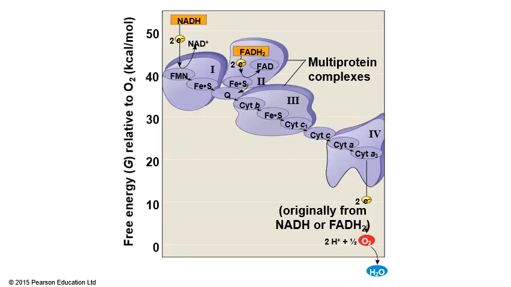The diagram explains the electron transport chain at the inner membrane of the mitochondrion.